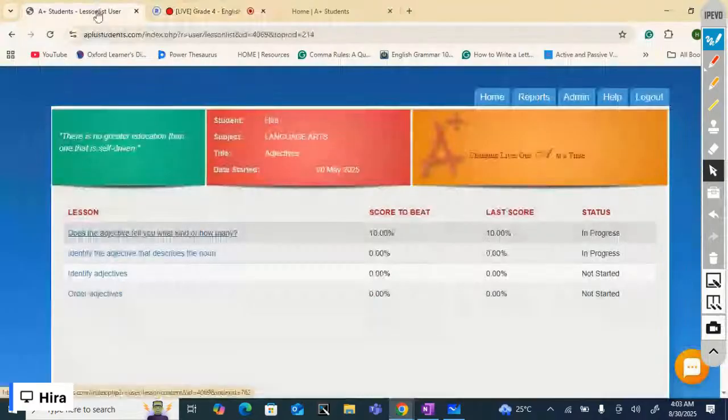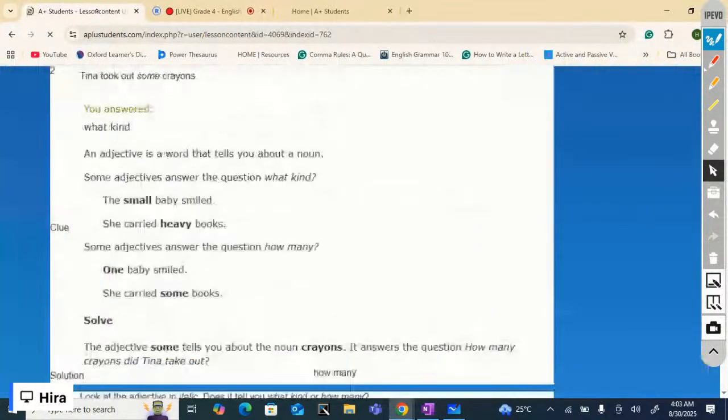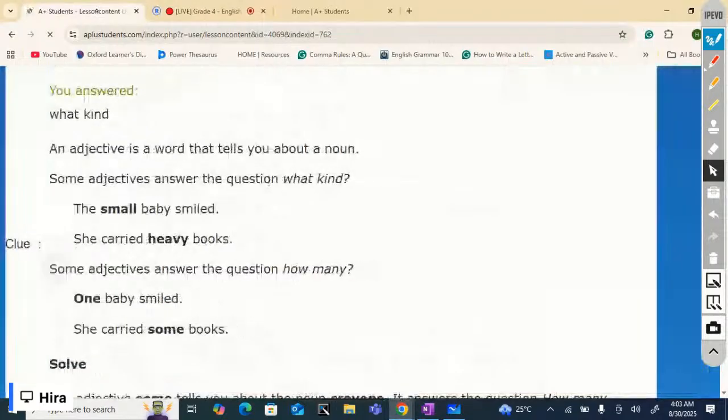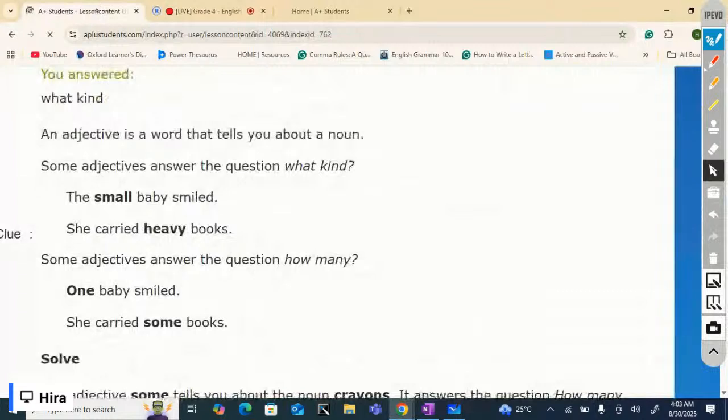Let's begin the first lesson. Does the adjective tell you what kind or how many? But first, we'll learn what is an adjective. But before telling you what is an adjective, let's recall a noun.